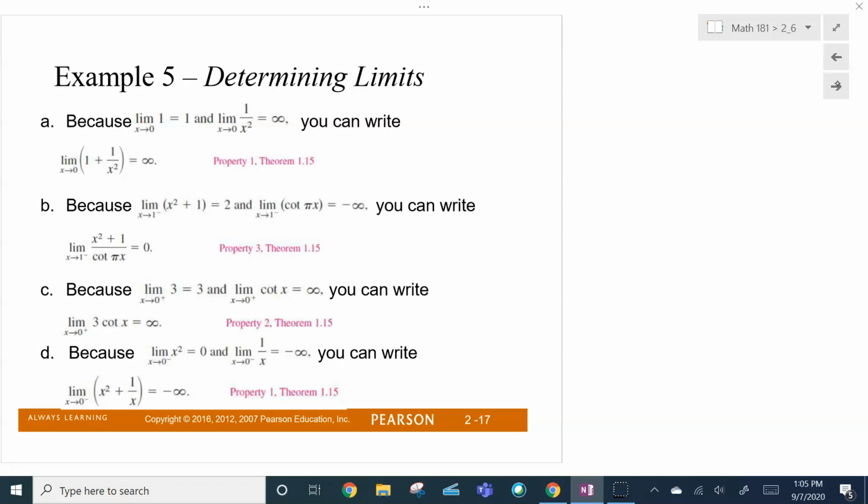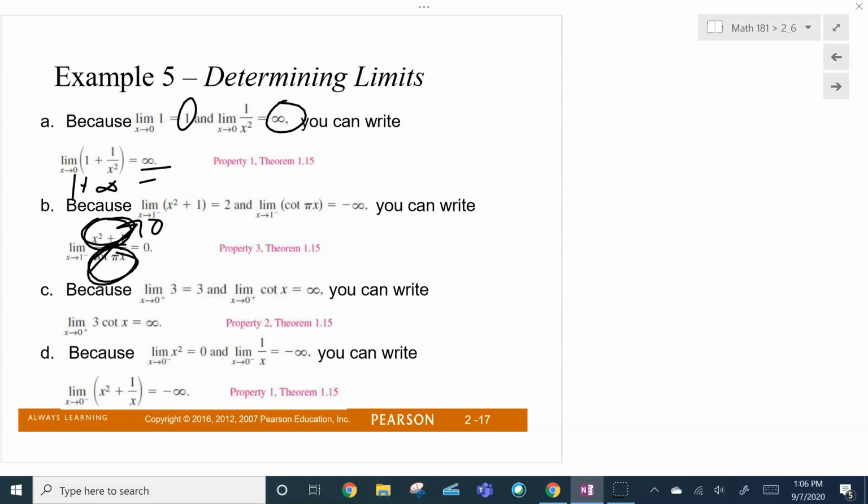So the limit as x goes to 0 of 1 is 1. Limit as x goes to 0 of 1 over x squared is infinity. So I've got 1 plus infinity. We've got infinity. Here we've got the limit at the top, so I got 2 here. I've got negative infinity here. 2 over this number shooting, this will shoot you to 0.